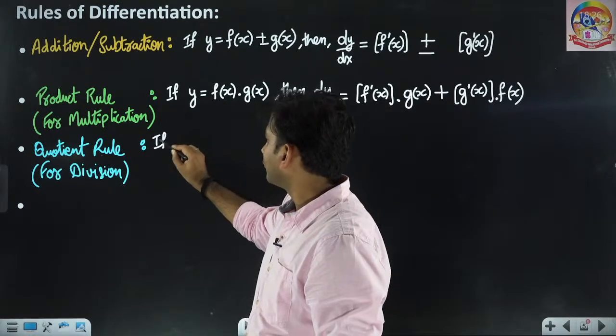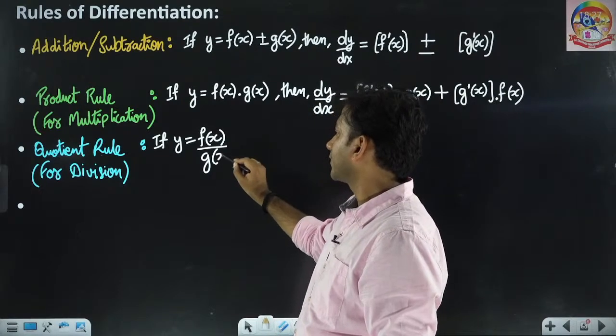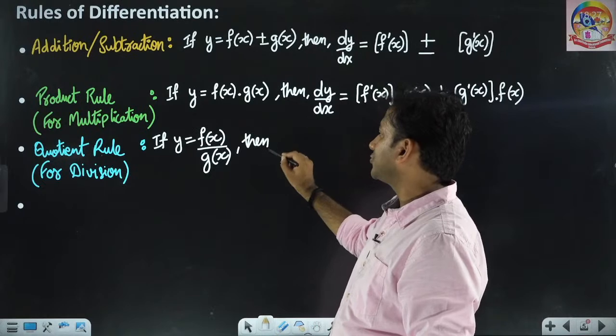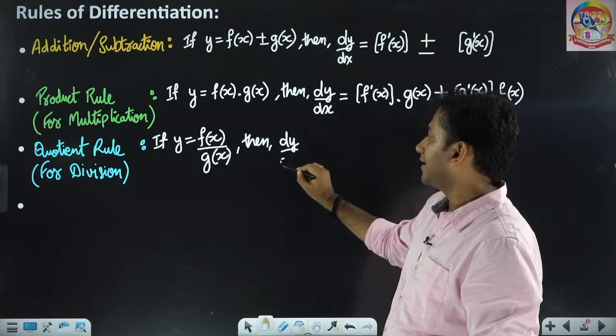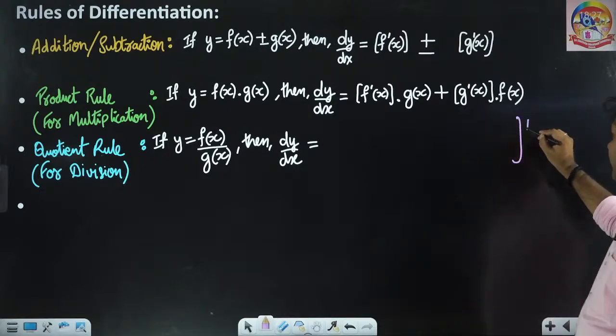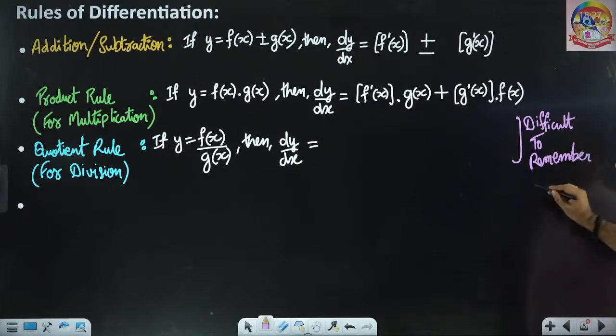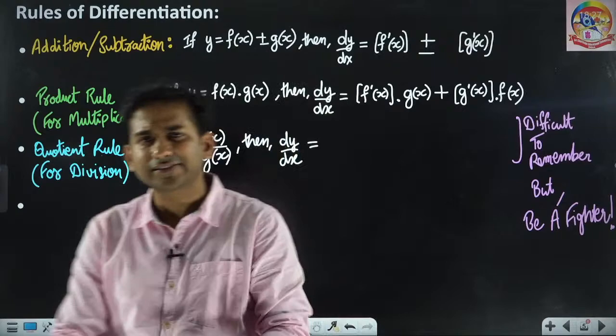We say if y is equal to f(x) by g(x), then dy by dx is difficult to remember, but be a fighter. You have to remember. One by one we will see that once again.